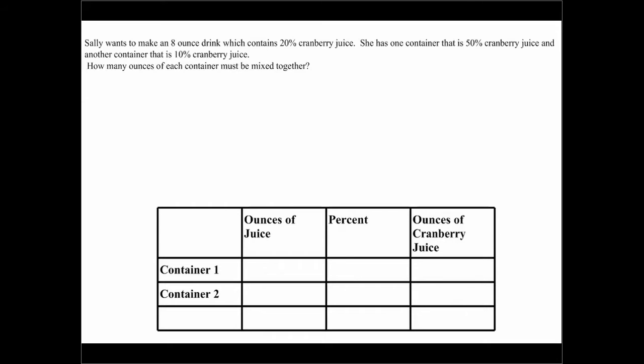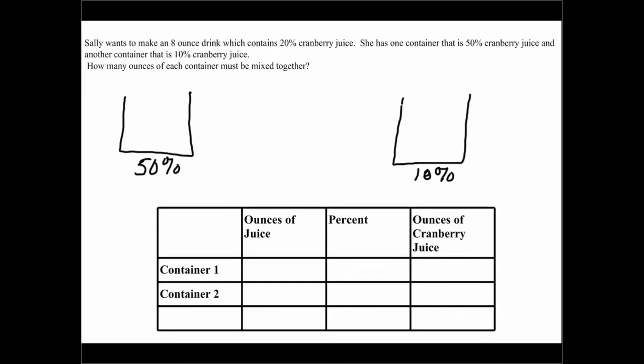She has two containers. Here's the first container, and it contains juice that's 50% cranberry juice. Her second container contains juice that is 10% cranberry juice.